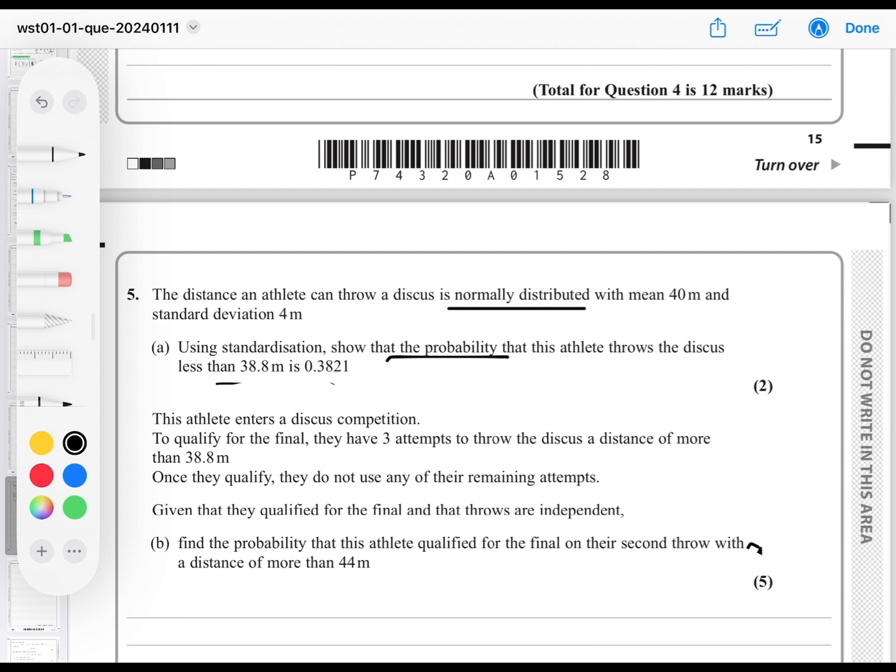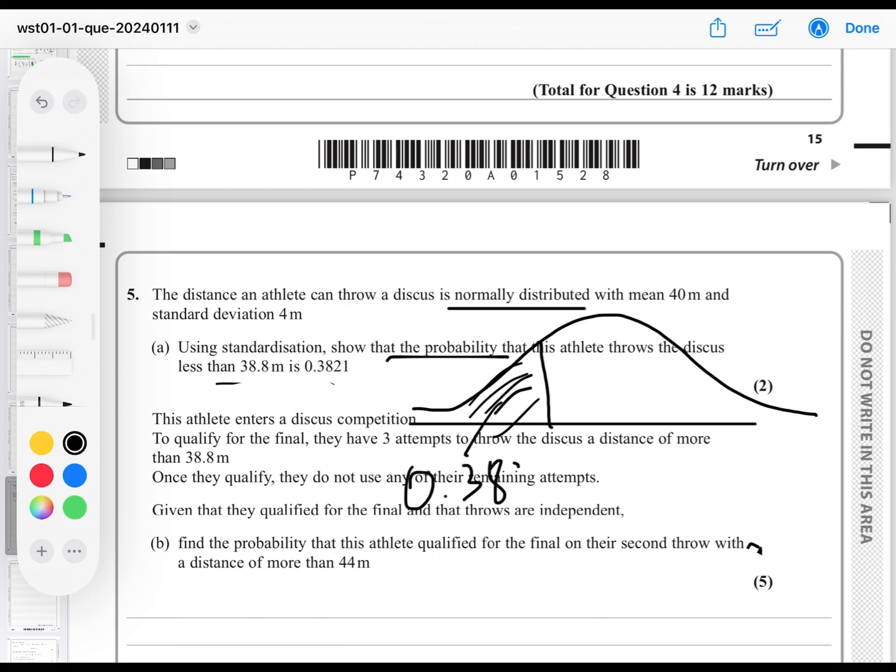So basically what we found in the first part was the probability that the athlete throws the discus less than 38.8. So this was the success for less than 38.8, but now they are asking for the successes, like if they throw more than this, then they will qualify.